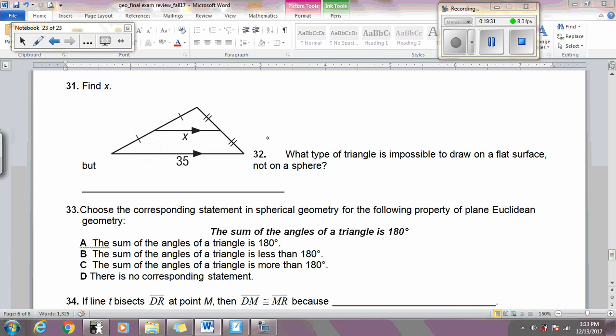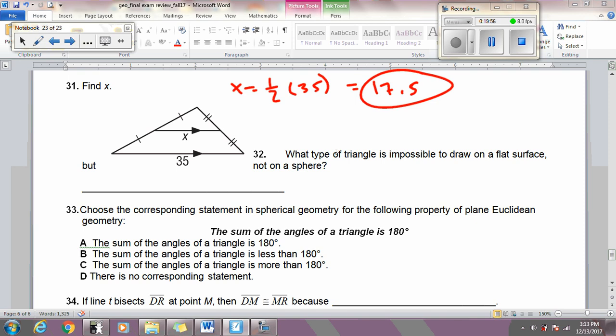It says find X. So, as you can see, based on the tally marks on both sides of this triangle, X represents a midsegment. So X is equal to half of 35, and half of 35 is 17.5.